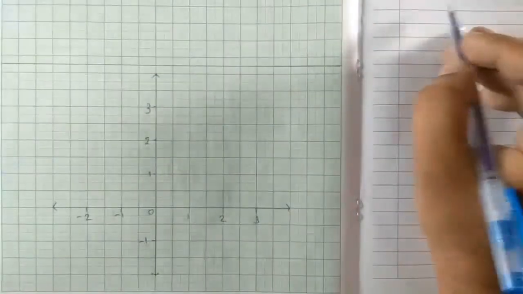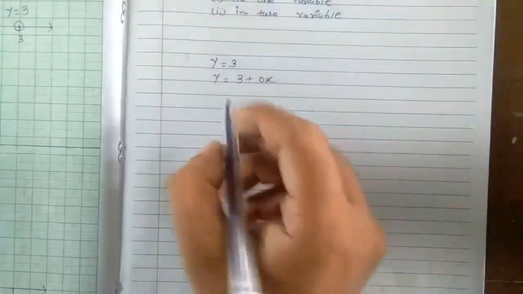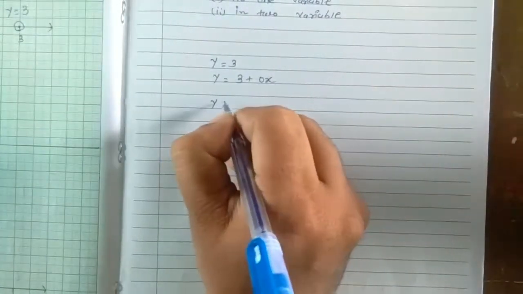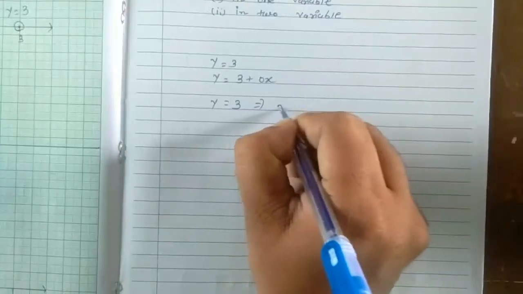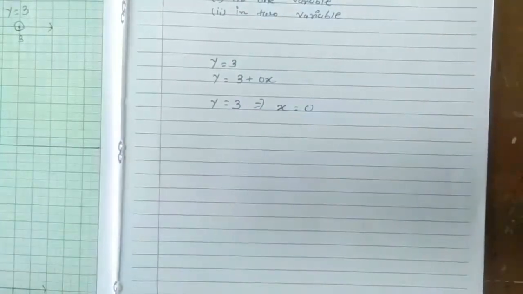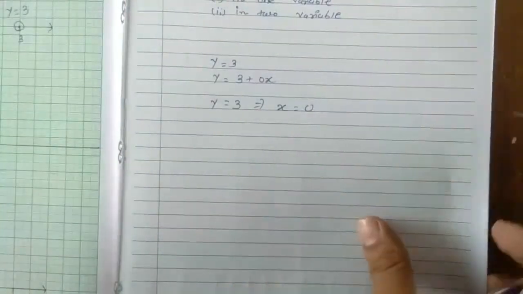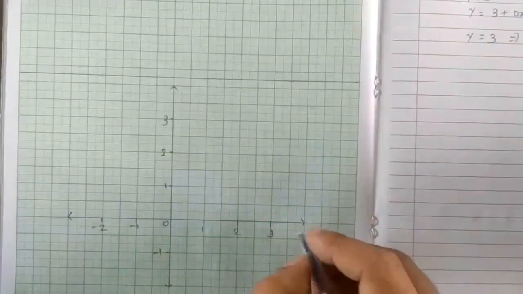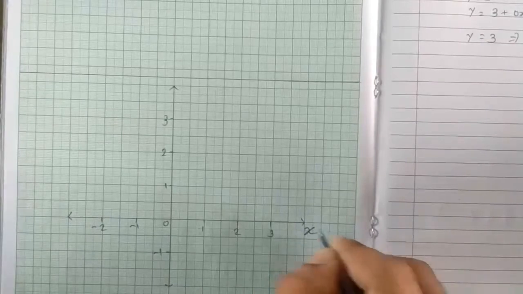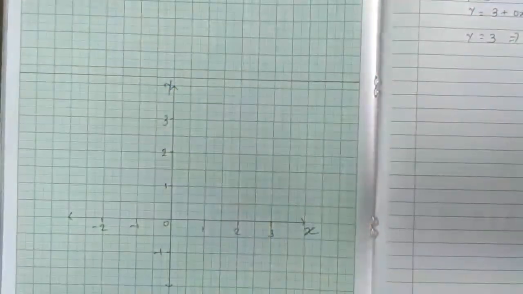So here when y equal to 3, at that time we can say that x will be 0. This is our x axis and this is our y axis.